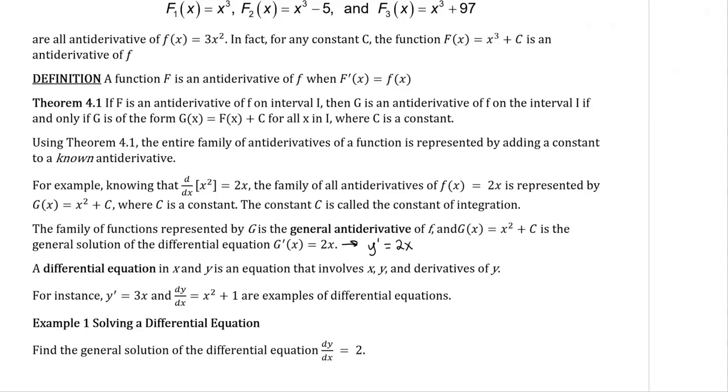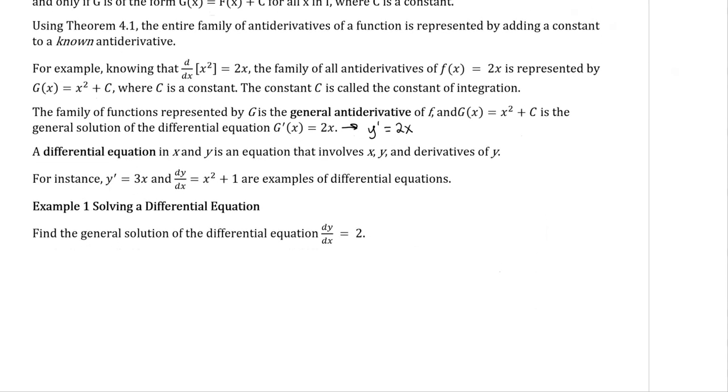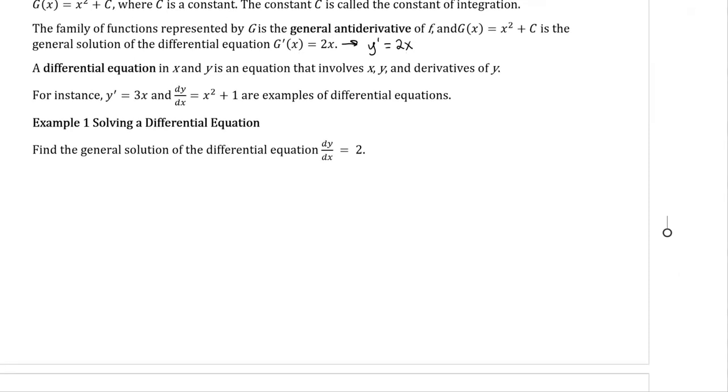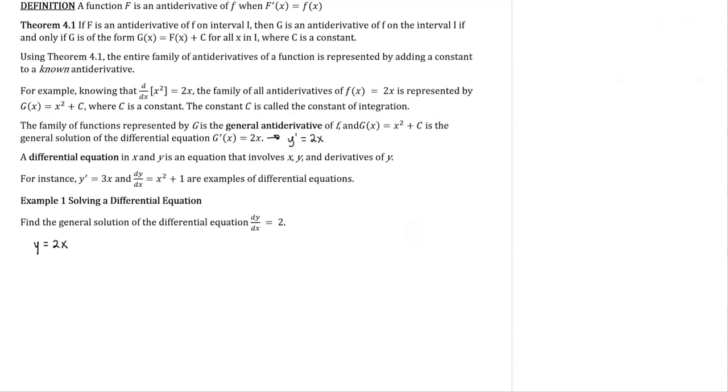We want to find the general solution, meaning that we will have this plus c. We have not specified what the value of c is for the differential equation dy dx is equal to 2. To solve this, I need to start off and just find one function whose derivative would be 2. Well, a function whose derivative would be 2 would be the function y is equal to 2x. Now, according to theorem 4.1, let's go back and look at that theorem.